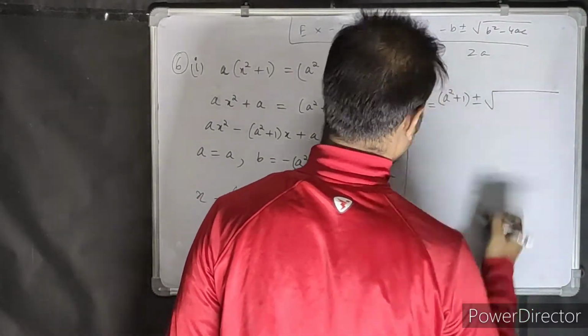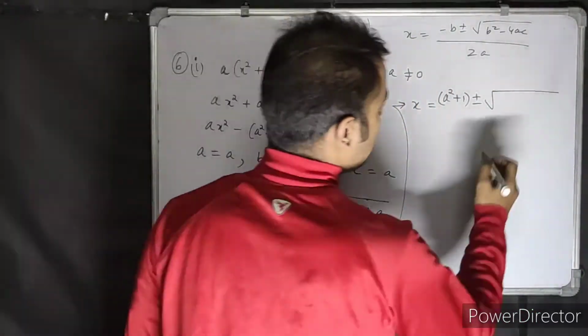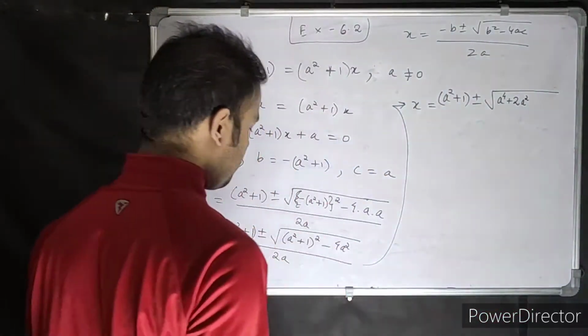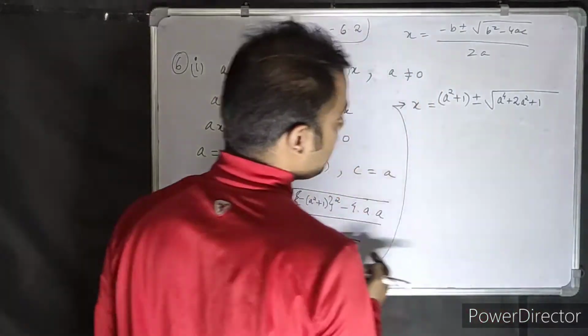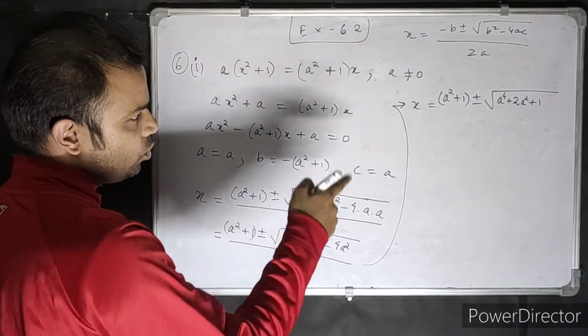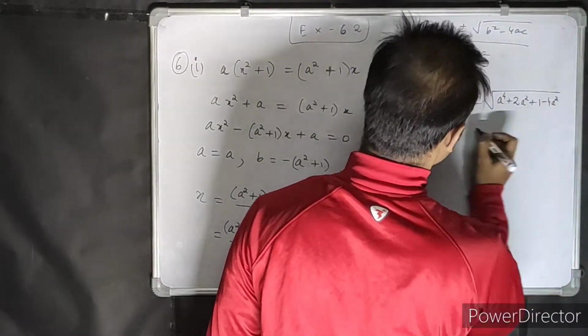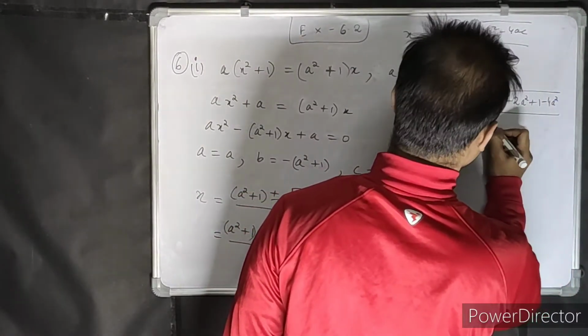Anyways, so a to the power 4 plus 2a square plus 1, that is a plus b whole square, a square whole square plus 2 into a into b plus 1, that is a minus 4a square, whole thing divided by 2a.